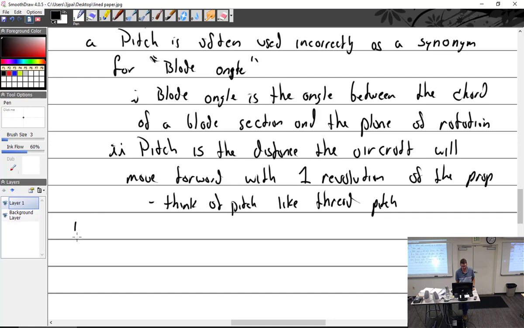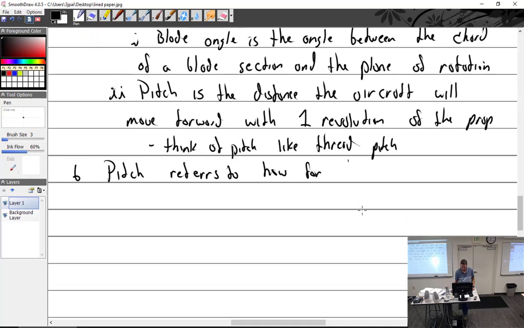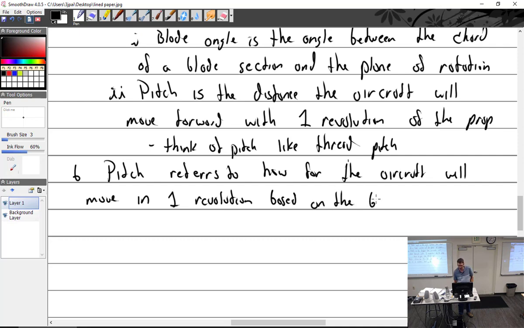So then, to repeat myself, pitch refers to how far the aircraft will move forward in one revolution based on the blade angle at the 75% station.